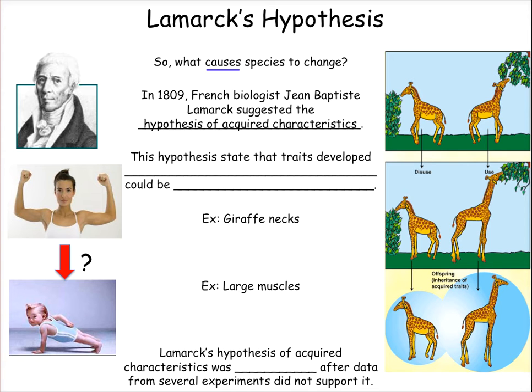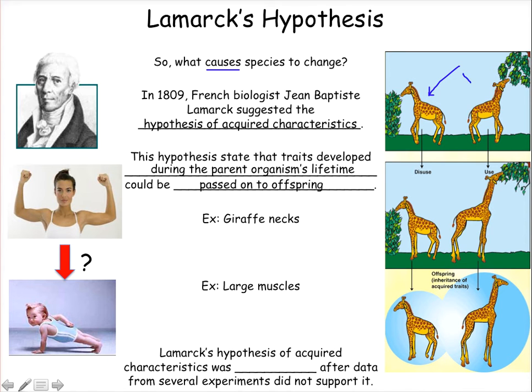This hypothesis states that traits that develop during a parent organism's lifetime could be passed on to offspring. Let's look at a couple of examples, starting over here with these giraffes.